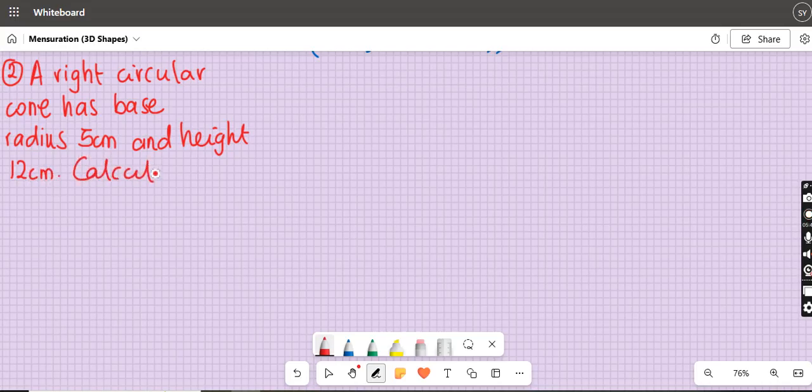Calculate its A, total surface area, and then B, volume.